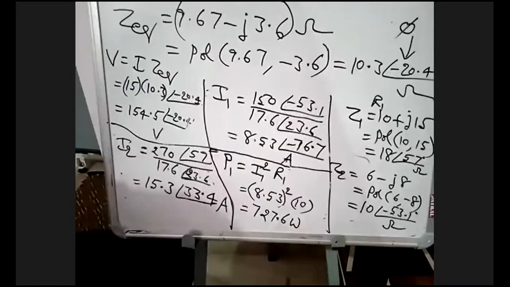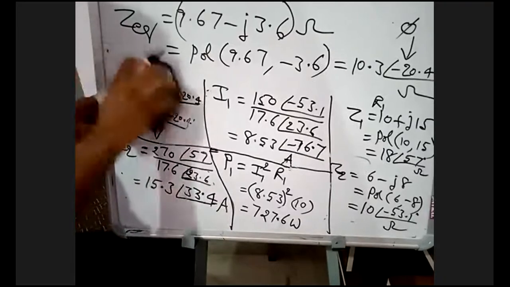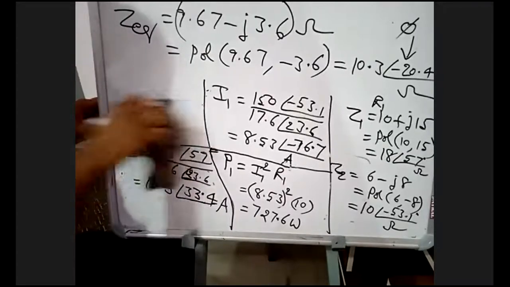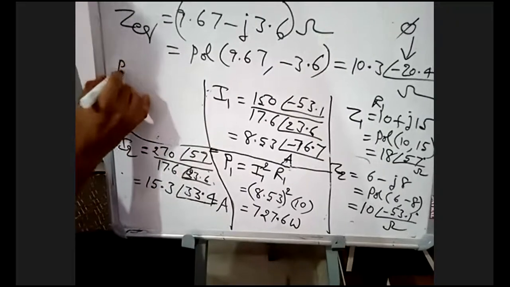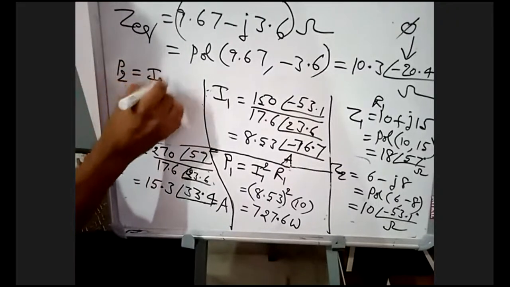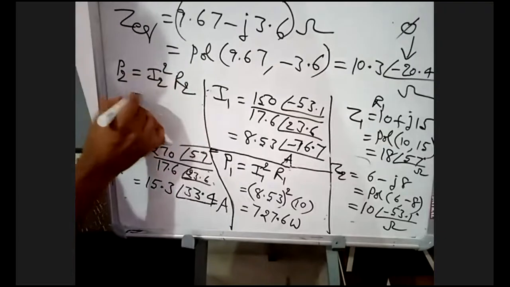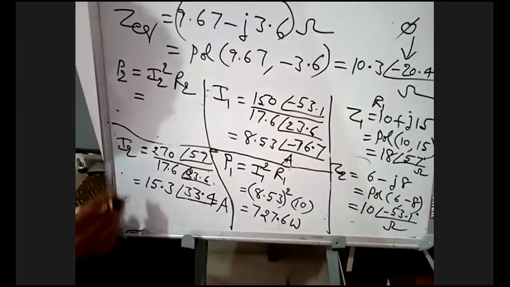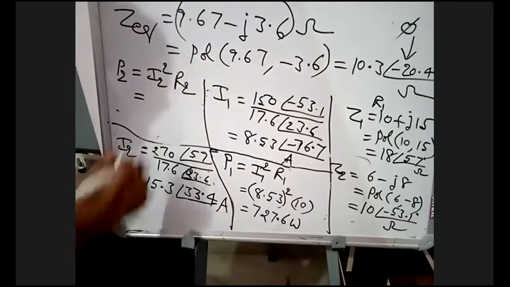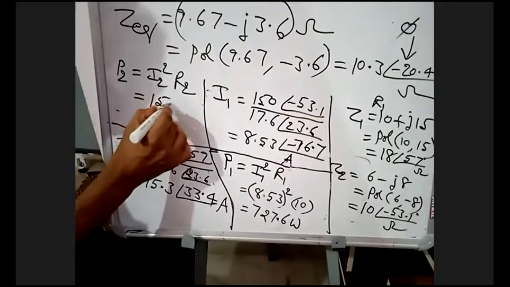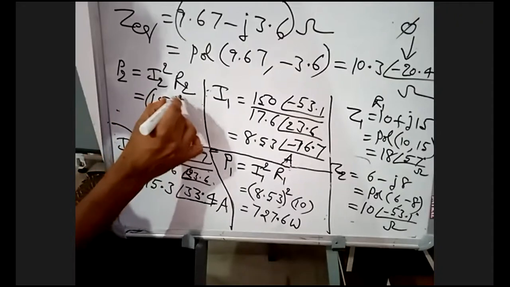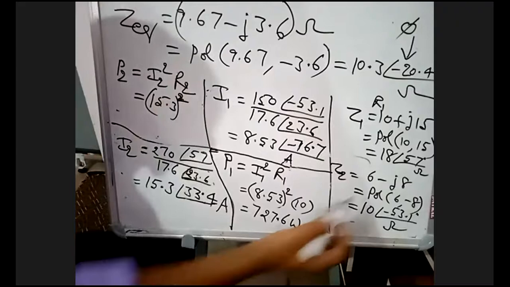Next I am calculating power P2. P2 is equal to I2 squared into R2. Where is I2? 15.3. What is R2? 6.